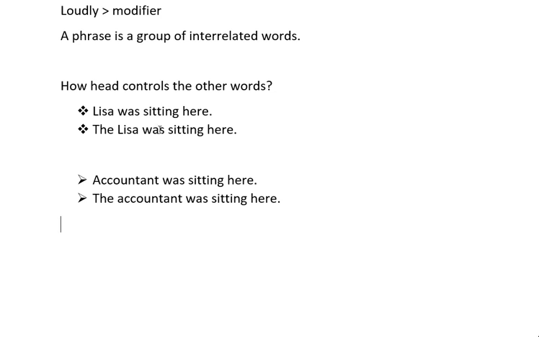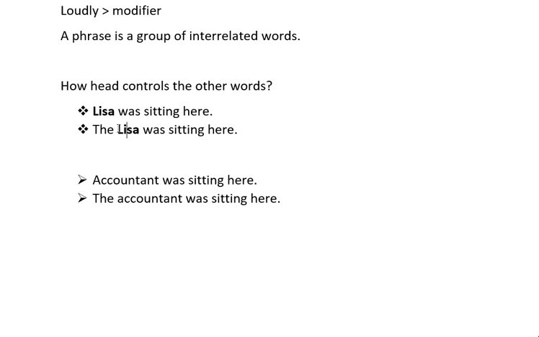"Lisa was sitting here," "the Lisa was sitting here." Now in this sentence, the word Lisa, which is a proper noun, clear, we have this word as the head. Clear? Was sitting here, and the word the. If you look at the word Lisa, Lisa is controlling all these words.